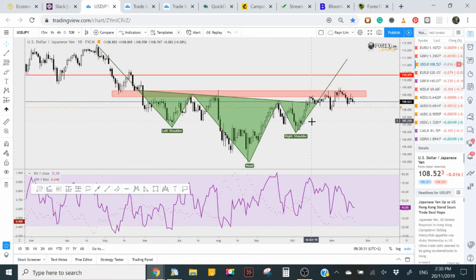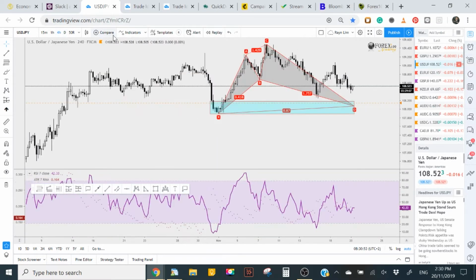So this is a valid head and shoulder pattern. However, it loses momentum because of this supply zone over here. Can you see that? Candle body and a wick. The candle failed to break and close above the high price. So pretty much I'm still waiting for a buying opportunity, but not just yet.